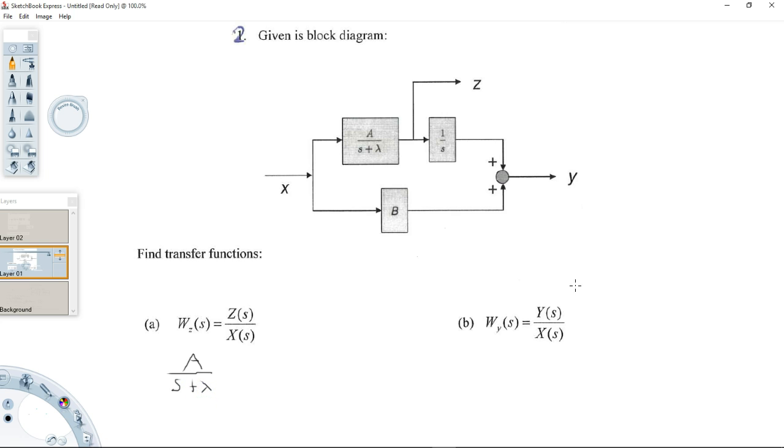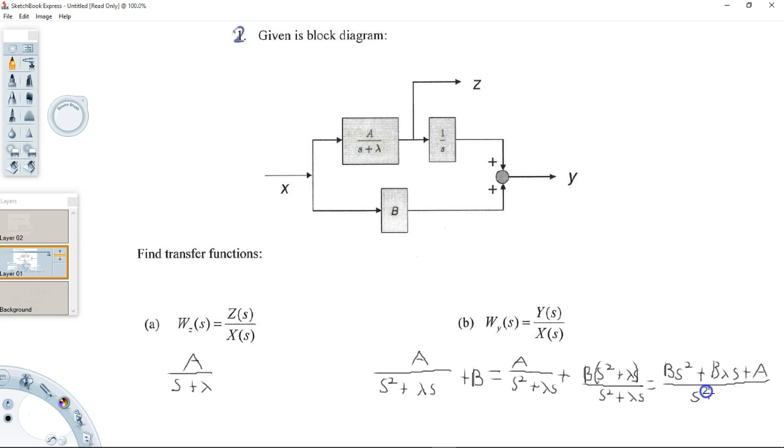For the next problem, the output is y and the input is x, so you would find the solution for the whole block diagram. So these would be your answers to these two questions.